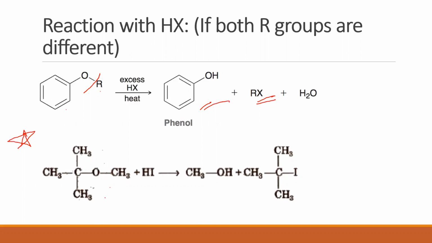If the bond cleaved here, the smaller R group, which is CH3, should have taken away the halide to form CH3I. But that's not what is obtained. What's obtained? The smaller R group is actually becoming an alcohol. The bigger R group is becoming the halide, which means the bond is breaking here. This is against what we just said, right? Why do you think the reason might be?